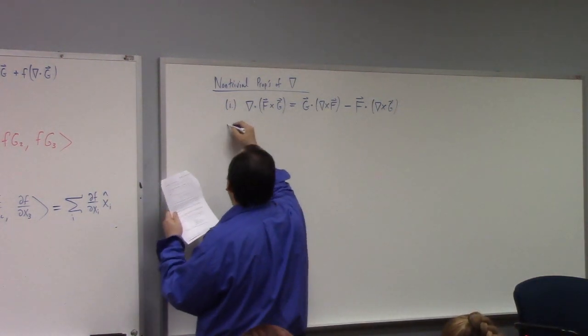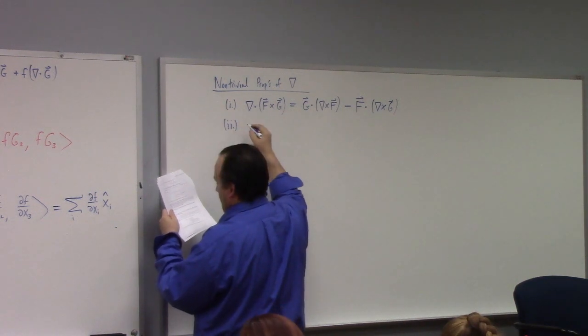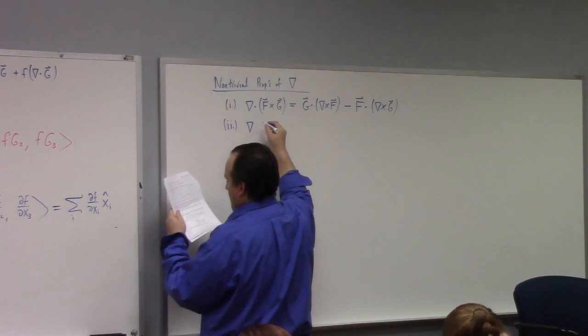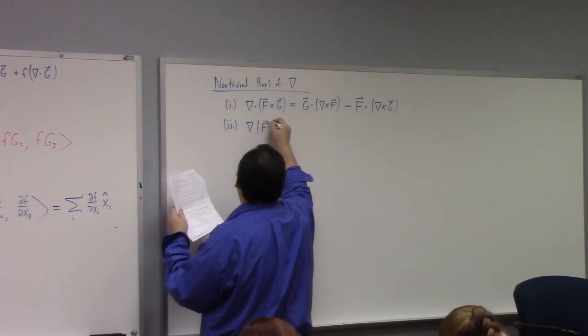And number 2, the gradient of a dot product of two vector fields.